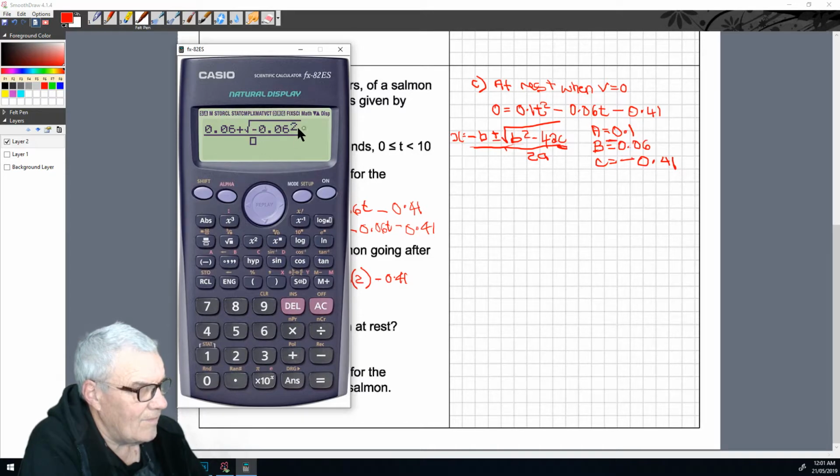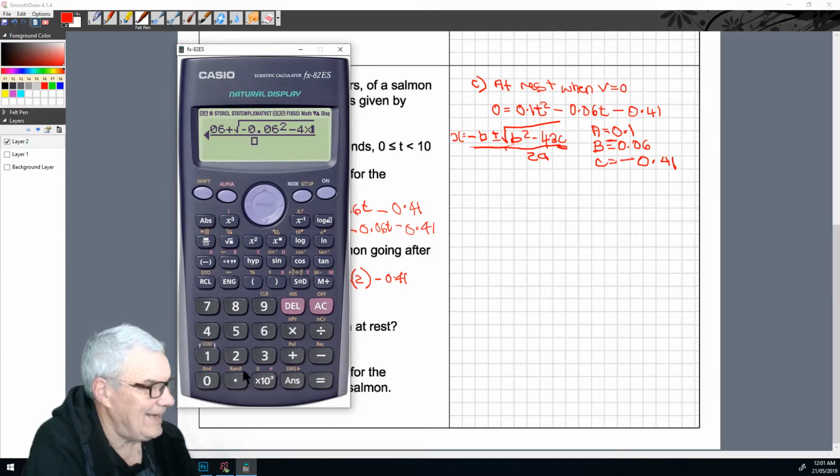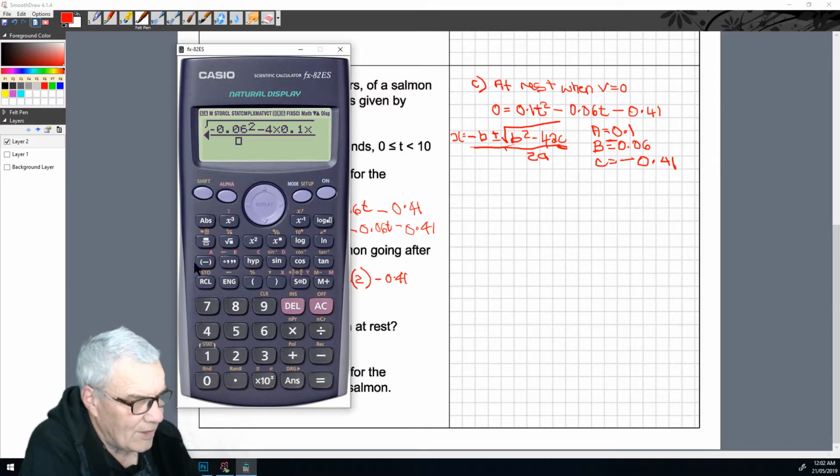Then drop down, minus 4 times a, which is 0.1, times c, which is negative 0.41.